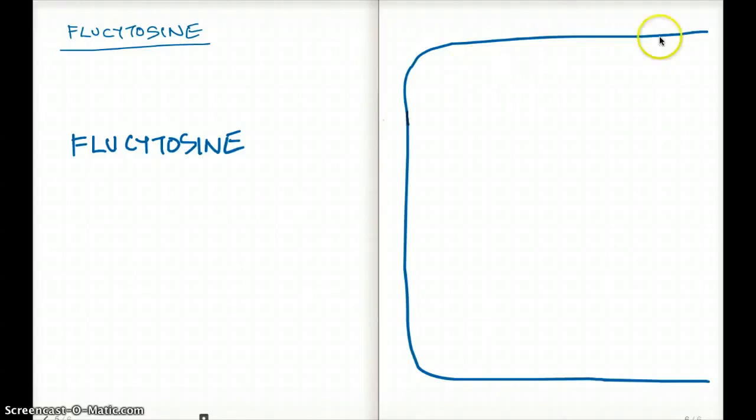Now, at the level of the cell wall, there are three different ways that antifungals work.